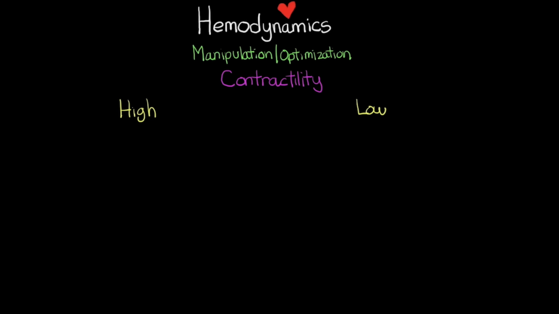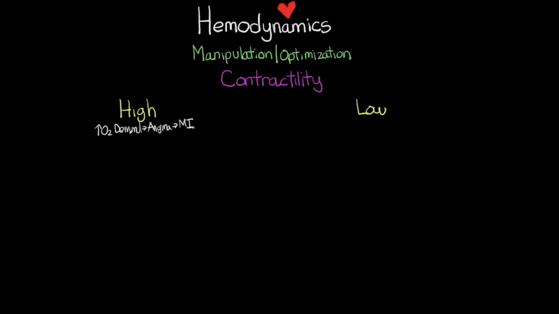And like we had talked about before, if contractility becomes too high, it's causing an increased workload on the heart. So this is going to increase the myocardial oxygen demand, which can sometimes lead to angina and an MI.